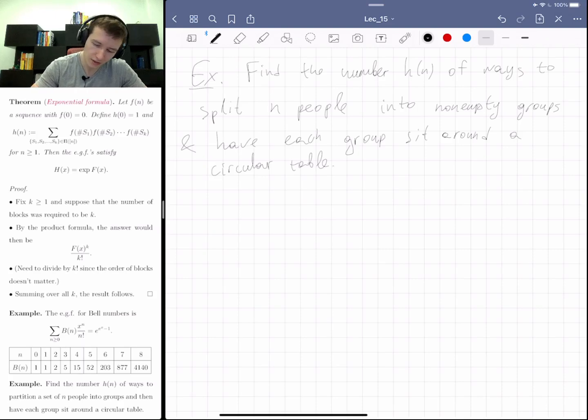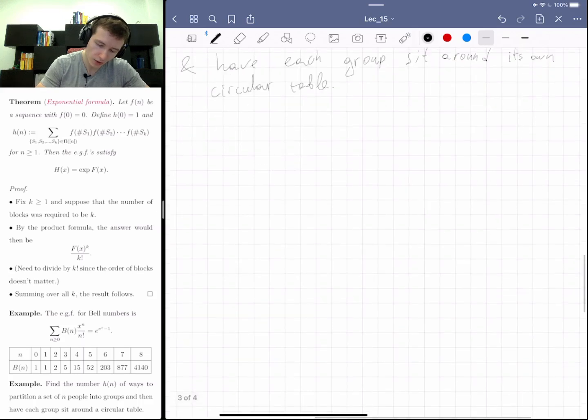All right, so there is a table for each group, right, around its own circular table. You want to organize a wedding, and all these different groups of relatives sit at different tables. So here is the solution.